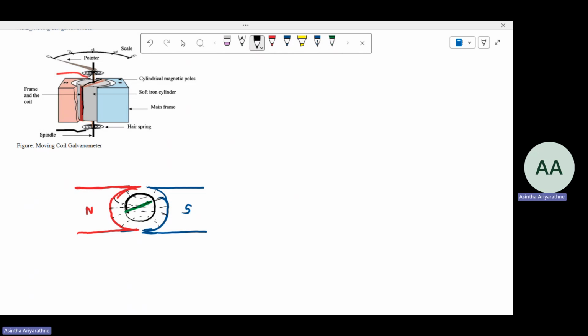So the magnetic field is always parallel to this conductor, and there the maximum torque would occur.